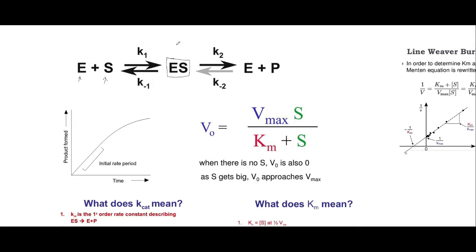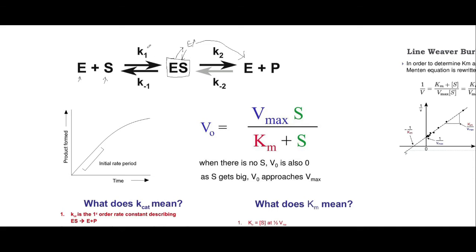And sometimes you'll even see this written where there's another step where it goes to EP before then it goes to this, but this just shows it as the product being ejected as soon as it has catalyzed the reaction.